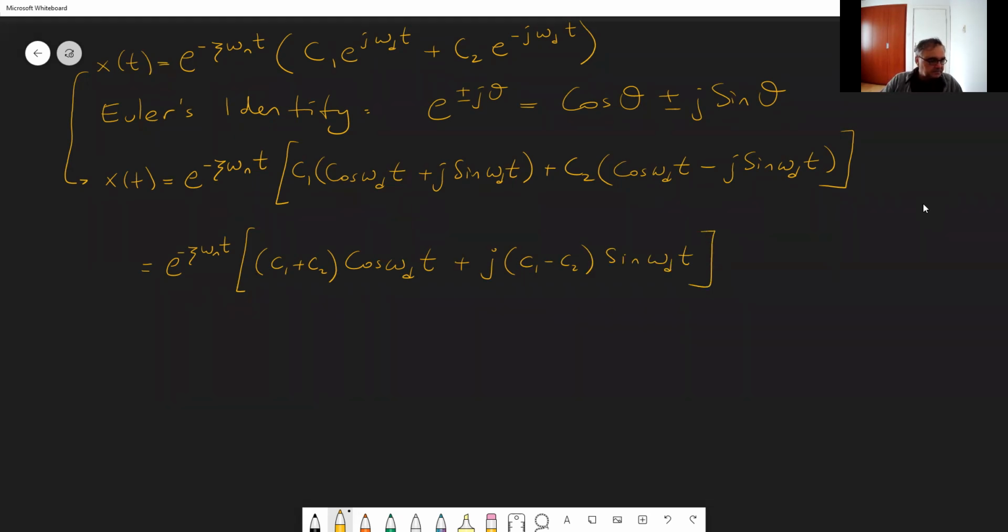Now I will call this c1 plus c2 as A, and this j times c1 minus c2 as B.